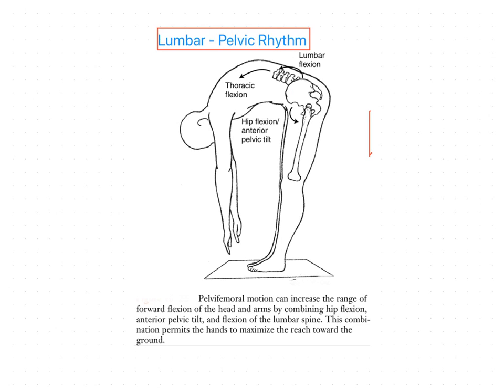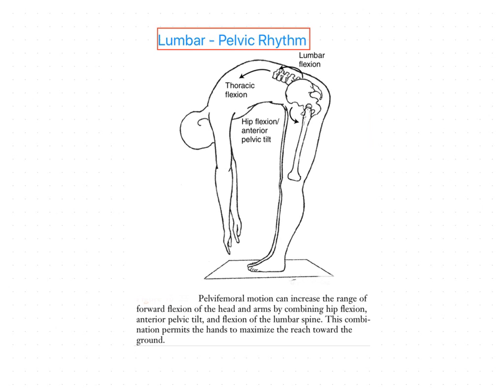So now we will move on to the lumbar pelvic rhythm. Caillet used the term lumbar pelvic rhythm to describe the open chain phenomenon in the hip joint, pelvis and lumbar spine, where coordinated activity of the segments produces a larger range of motion than might be available to one segment alone.